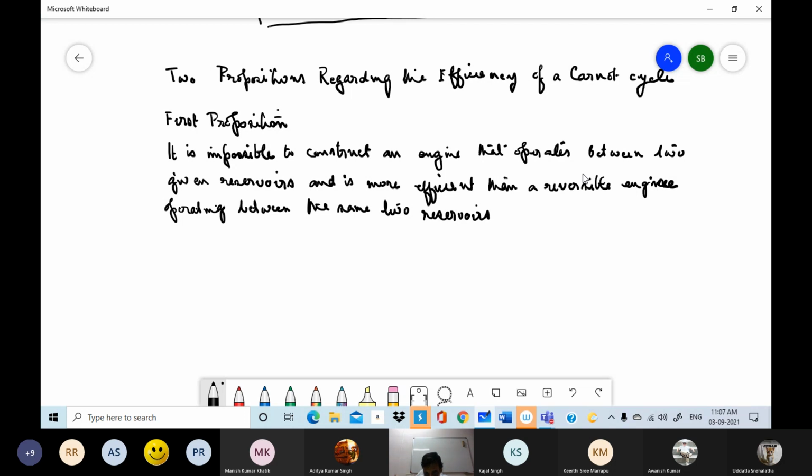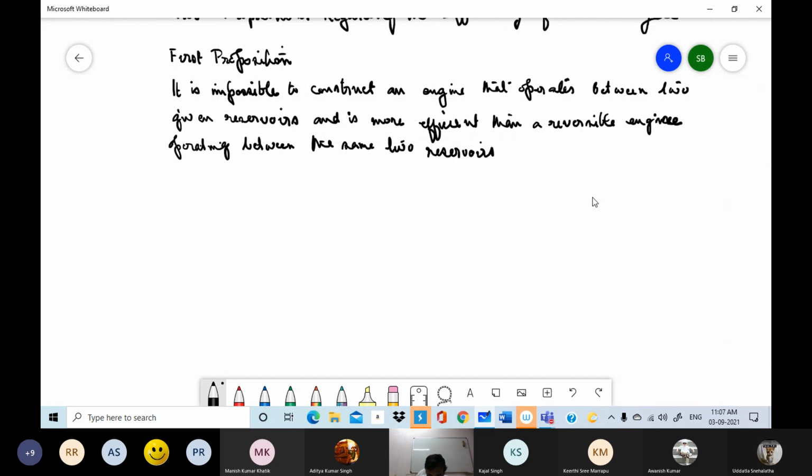So tacitly, it compares an irreversible with a reversible engine. It says the irreversible engine's efficiency can never exceed that of the reversible engine. How do we know that this should hold? So then we try to use reasoning.